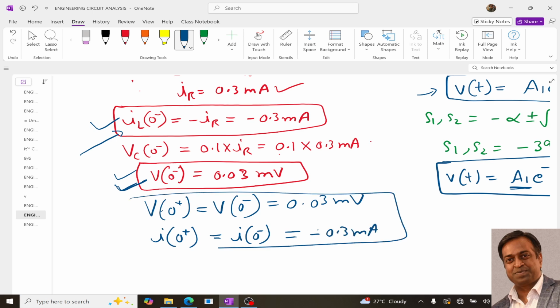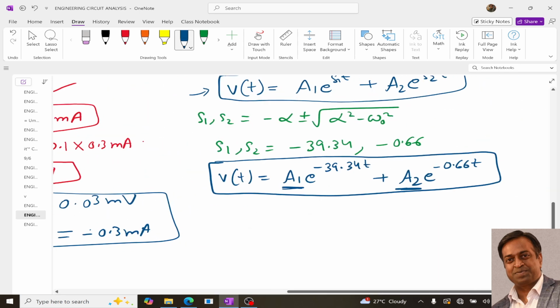So taking this as the initial condition, first of all for this capacitor we can substitute this value: 0.03 equals A1, since this term becomes 1 when we substitute t equals 0, so we keep it as it is, plus A2.